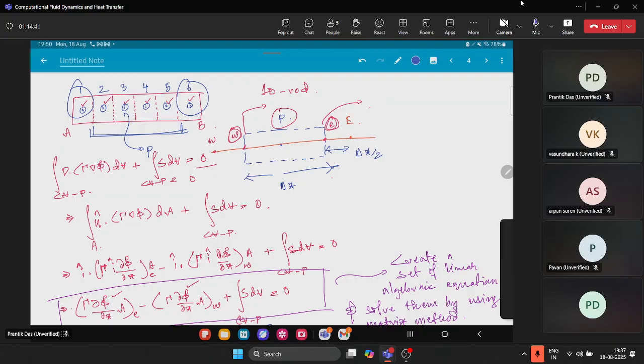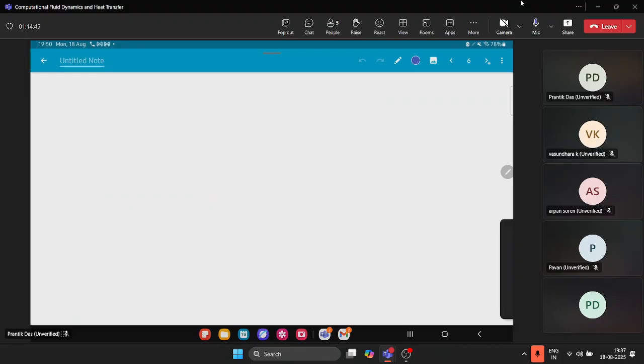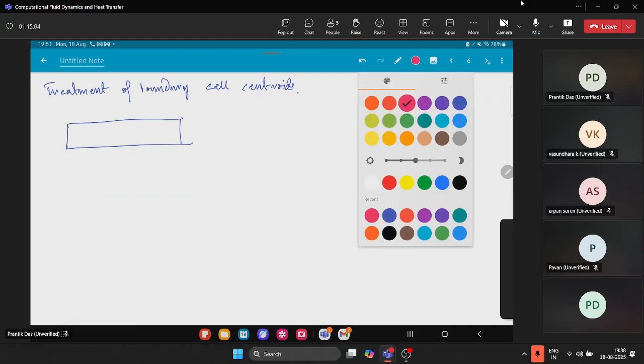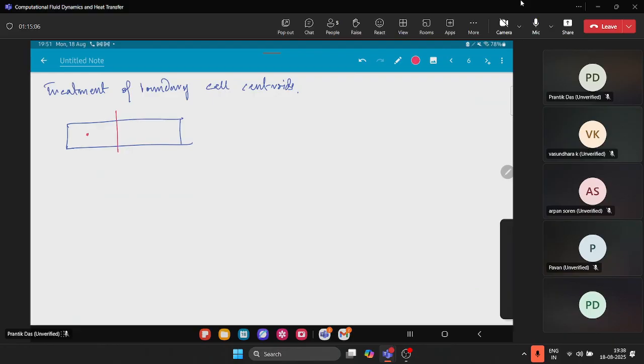So if I go to the treatment of the boundary nodes, these boundary cell centroids, this is basically 1, and this is basically 2.